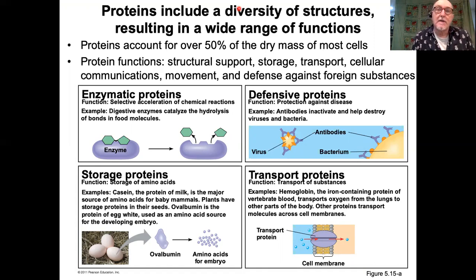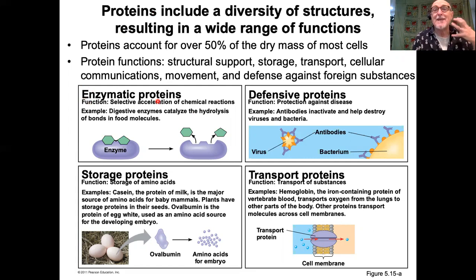Instead, the reactions inside the cell, the reactions of metabolism, are shepherded by proteins. And these are the enzymatic proteins, as shown here. The enzymatic proteins accelerate the rate at which reactions occur and make them biologically useful. Without the enzymes, they would just take place so slowly, they would not be biologically useful.